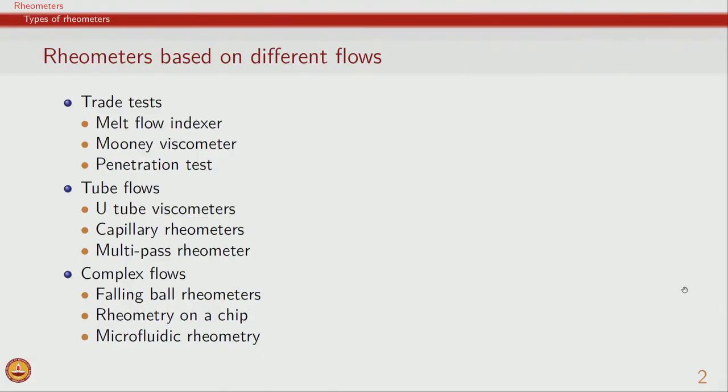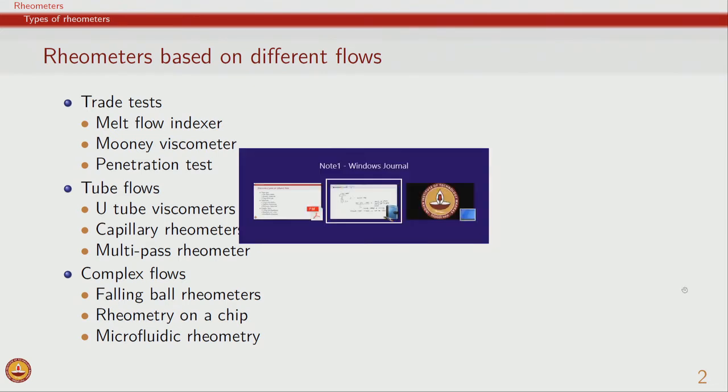Similarly, Mooney viscometer is used for rubber. It is again a very specific test which is only for testing the properties of rubber.